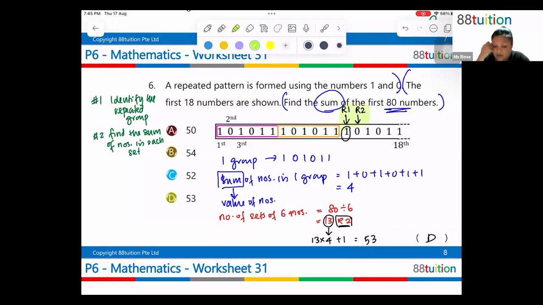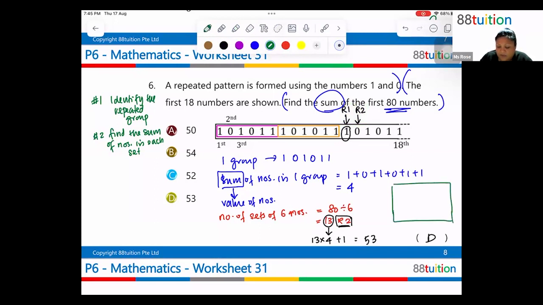Now, when you're using the calculator, it will not give you a remainder. So how do you get your remainder? The remainder is only shown when you are doing long division. So in this case, take note, everyone, look at this small box that I drew.